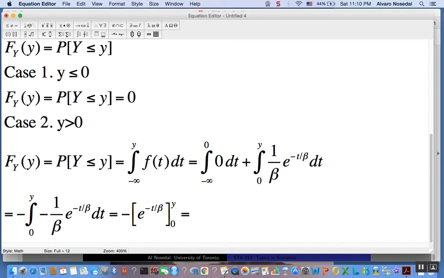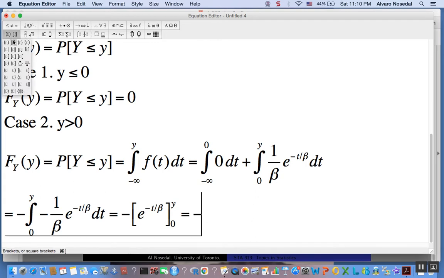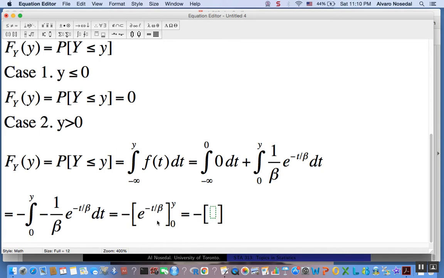That is minus e to the negative y divided by beta, minus e to the 0 power, that's just 1.